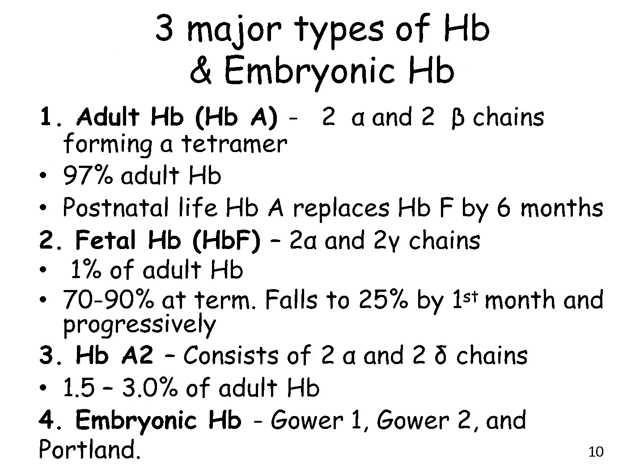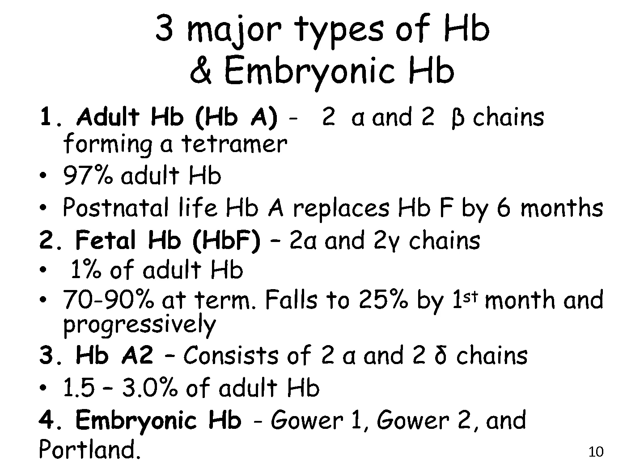There are 3 major types of hemoglobin and embryonic hemoglobin. Adult HbA consists of 2 alpha and 2 beta chains forming a tetramer. It is about 97%. In postnatal life, HbA replaces HbF by 6 months.